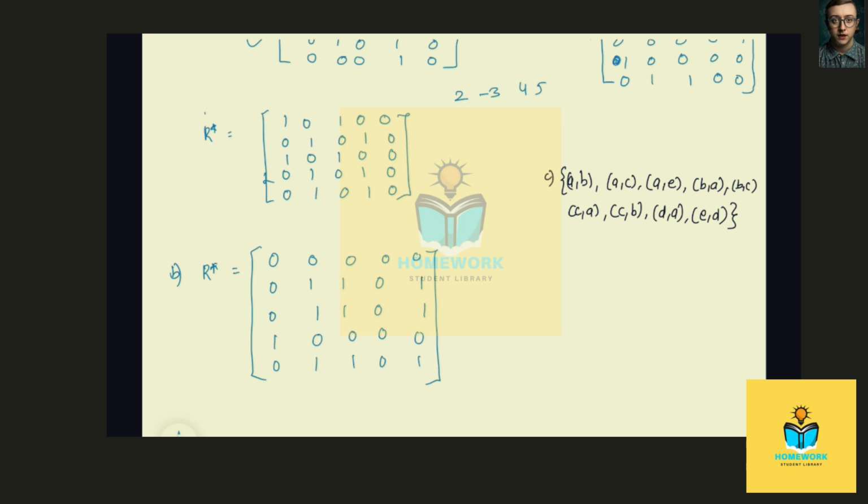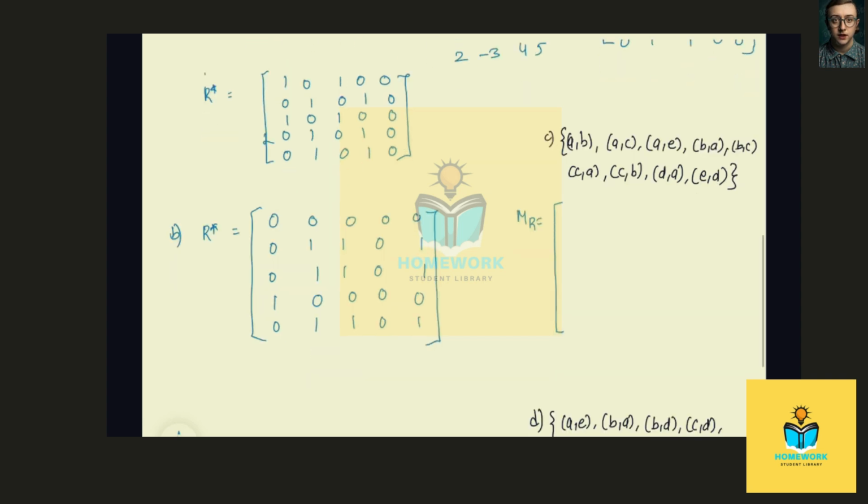Now for C, okay, so let's form the MR first, and then we can use the same method. So MR for this will be, here we have A, B, C, D and E, similarly A, B, C, D and E. There is no relation between A and A, so 0. A is going to B 1, A is going to C 1, A is going to E 1, and rest is 0.